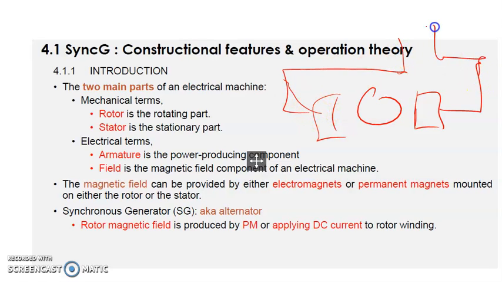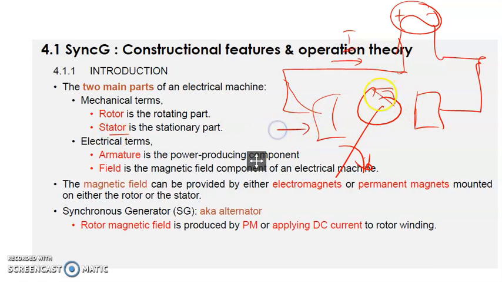If your DC generator is connected to positive and negative, for AC synchronous this one will be connected to AC. If it is a generator, it will produce current, and this is your AC output current. And this is your rotor here, the rotating part. This is your stator. Stator is here, rotor is here.